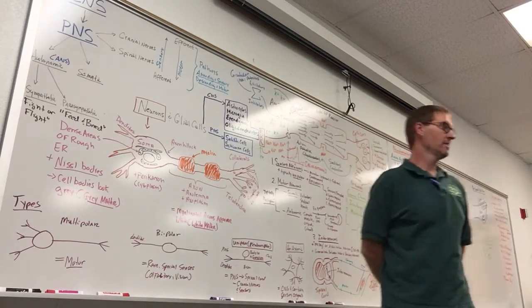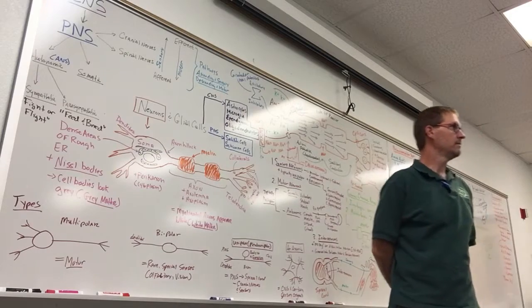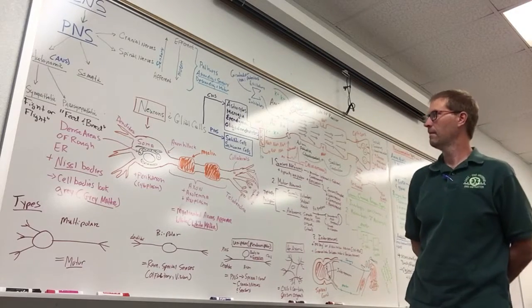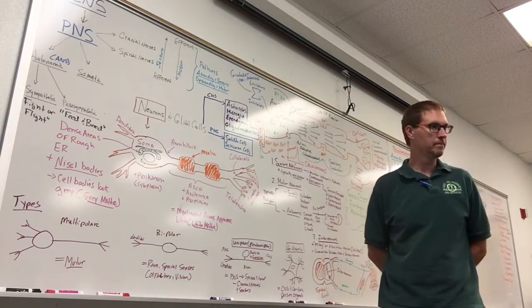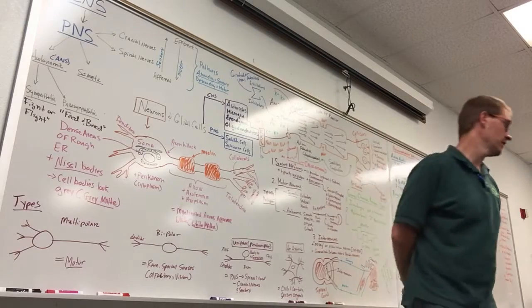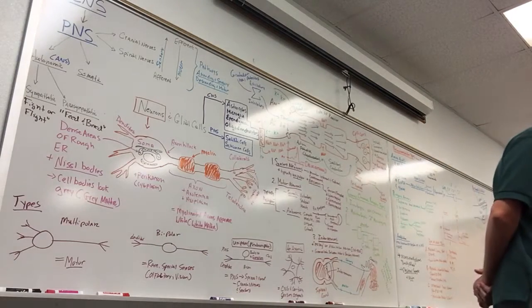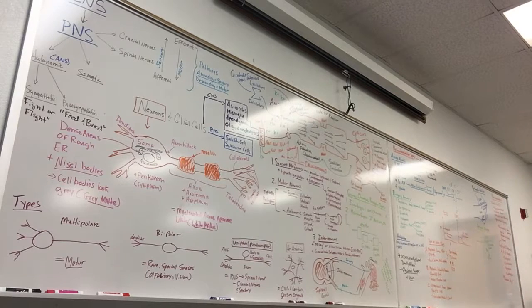What are the astrocytes? We talked about these in the lab. Astrocytes are a very, very common glial cell. They do kind of have a star-like shape to them.